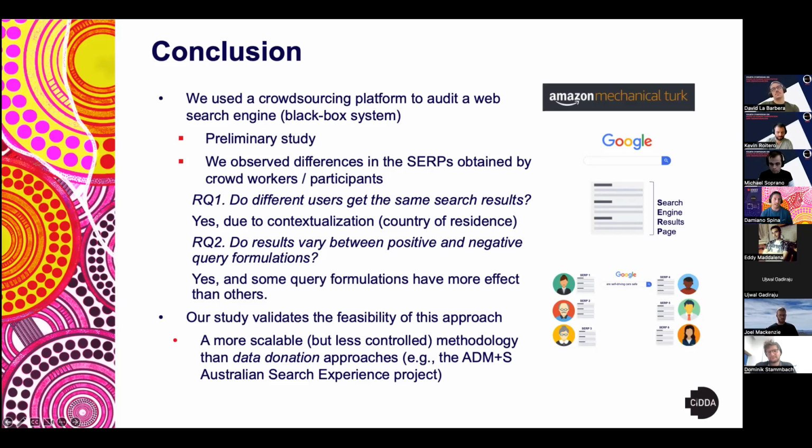That is more controlled because you know who the actual donors are, but it's harder to scale because it's only based on the volunteers that you can get access to. So crowdsourcing will give you a more scalable methodology, which would be complementary to this one.